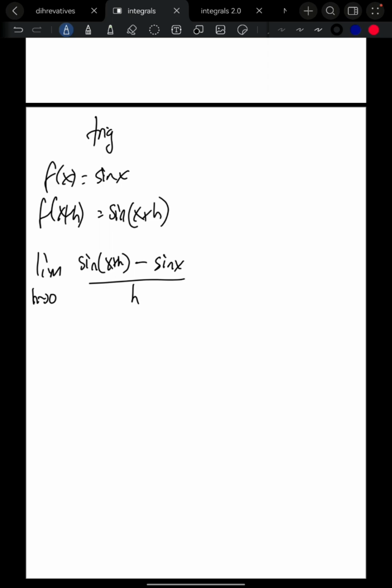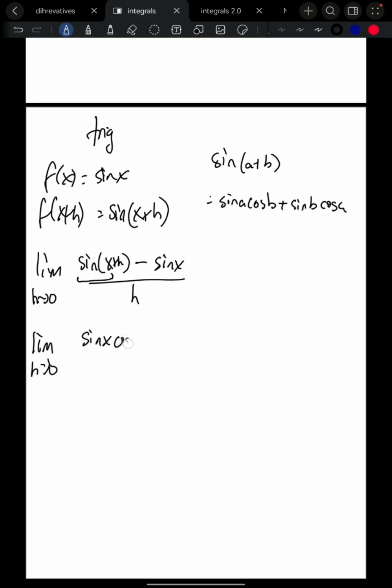What do you do now? You expand this. If you have sine of a plus b, that's sine a cos b plus sine b cos a. Do the same thing here. So this is the limit as h approaches 0 of sine x times cos h.